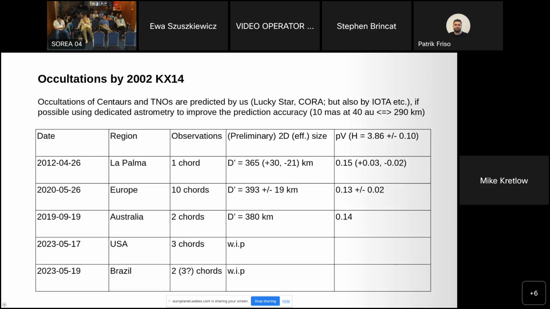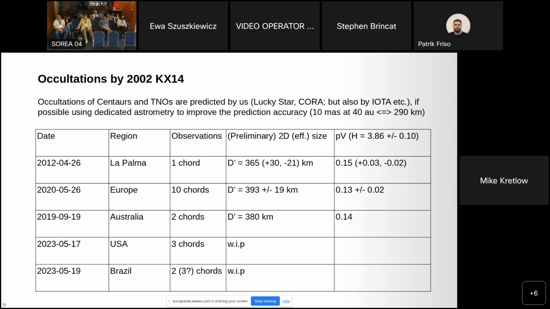These occultations are calculated and predicted by us on a regular basis, and available on different websites, on the Lucky Star website, on the Core website, by myself, and so on. And as I mentioned, the prediction accuracy is very important to have precise astrometry. That's the reason why we observe them in advance.